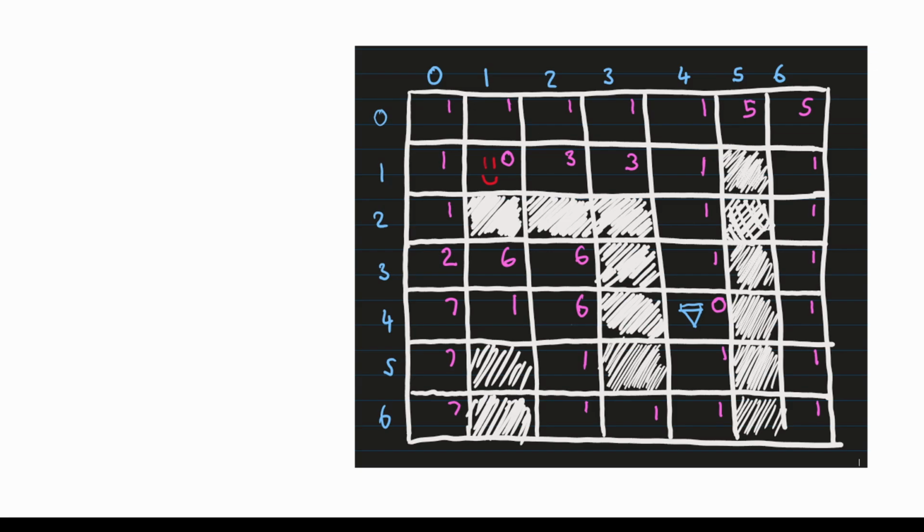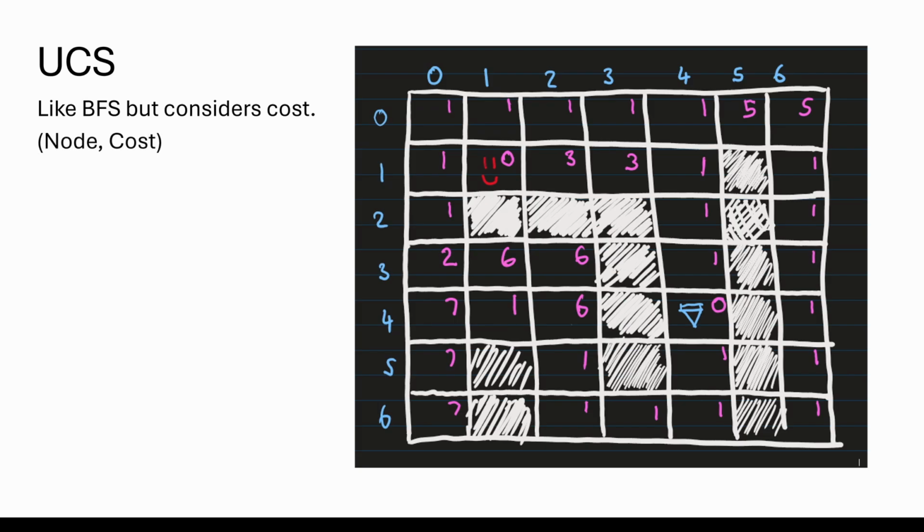Okay, so now we could just finish this off with a uniform cost search. So this is the algorithm which also considers cost to find the most optimal path. So it's like BFS, but it considers cost. And yeah, it uses a priority queue.